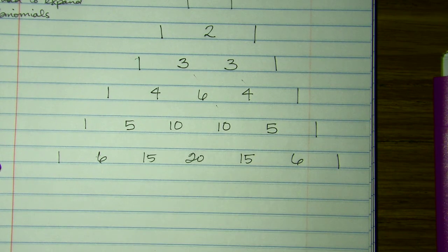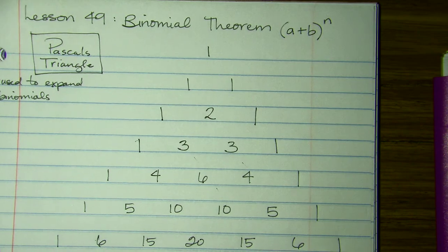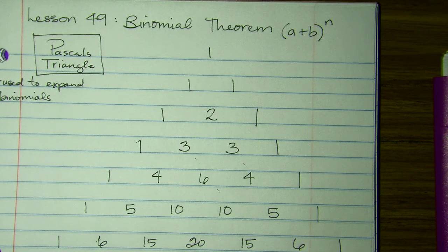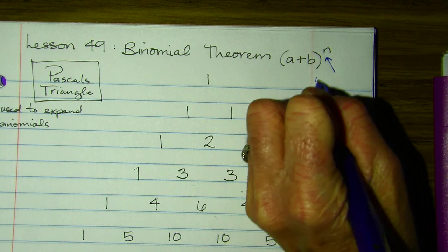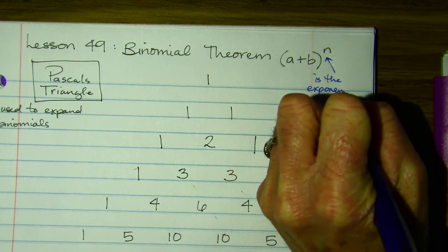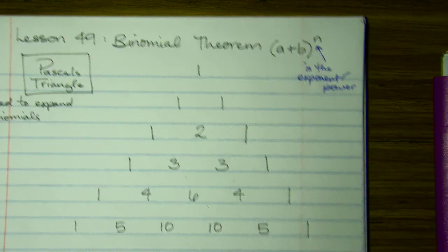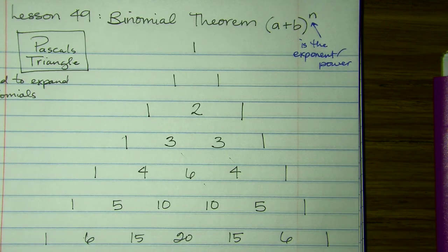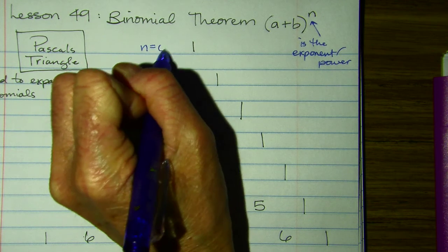Now I'm going to stop there because I'm running out of room. But I have to explain that each of these rows corresponds to the value of n. Notice n is the exponent, or another word for that is power. Now each row in Pascal's triangle has a value for n. So here would be n equals 0.